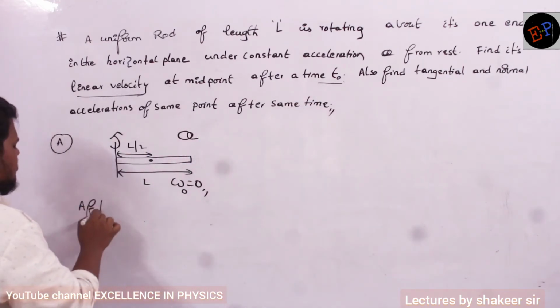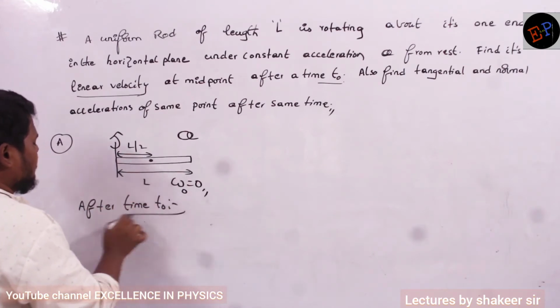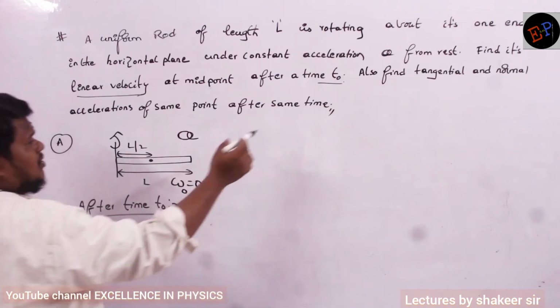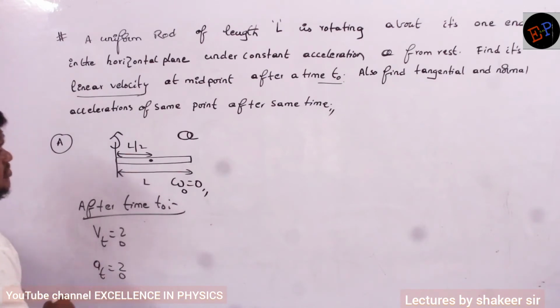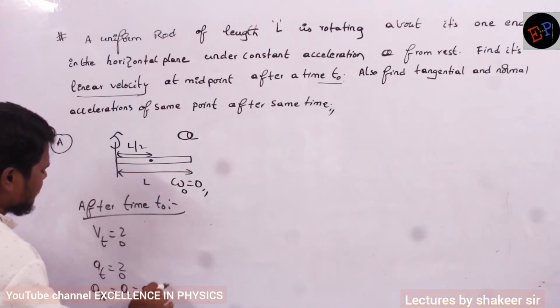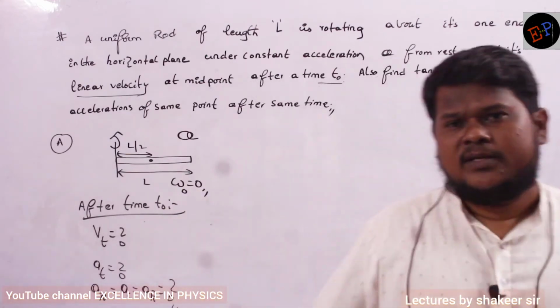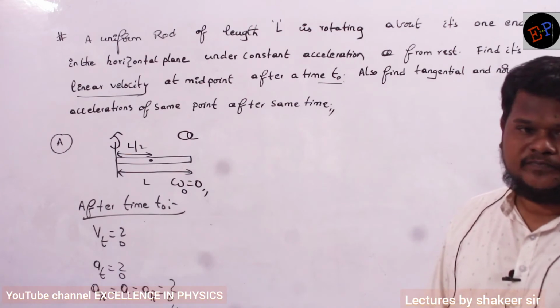So after time t0, I want to find out the tangential velocity, the tangential acceleration, and similarly the normal acceleration, which you can call centripetal acceleration or radial acceleration. This is the given question. So these three values I am supposed to calculate.